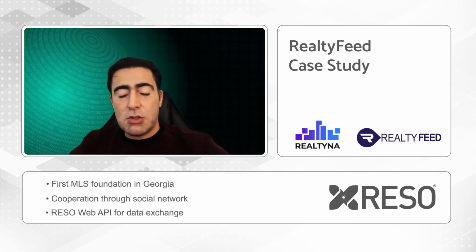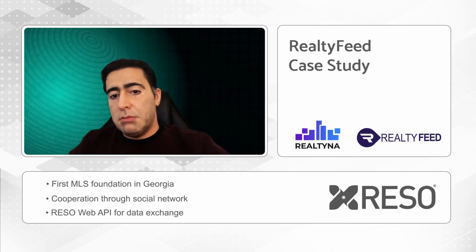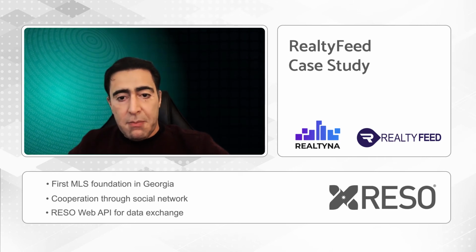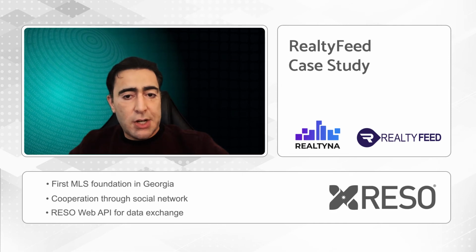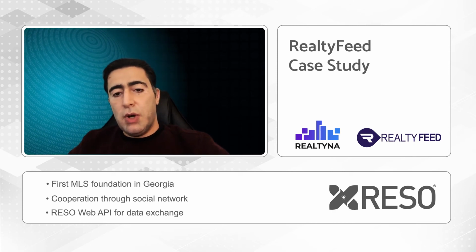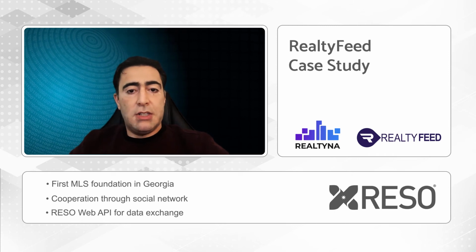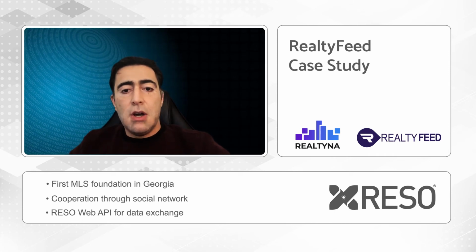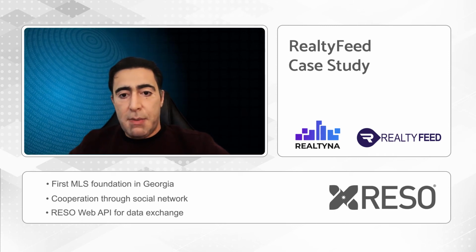So we decided to support their program for establishing the MLS Foundation, and we gave their agents access to a social network called Realty, which is actually our product, based on RESO Web API.